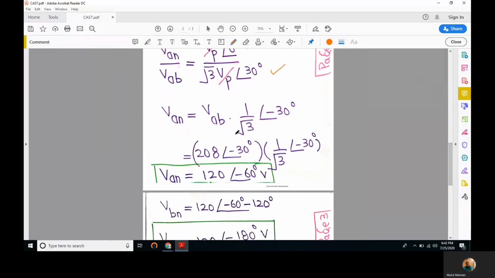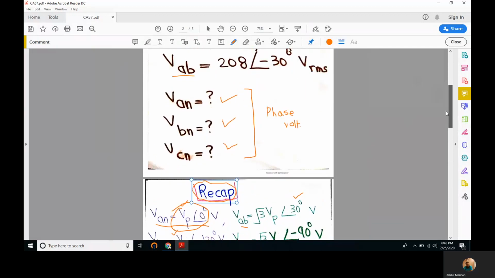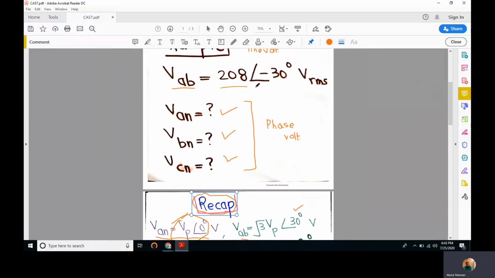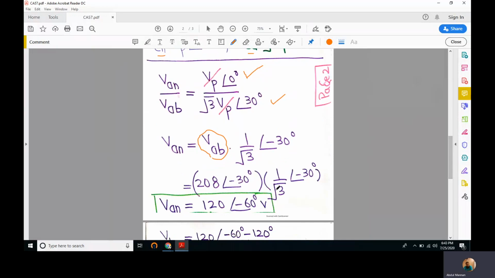So now let's put the value of VAB given in the question. It is 208 at an angle of minus 30 degrees RMS. So let's put this value here, 208 at an angle of minus 30, and this one.